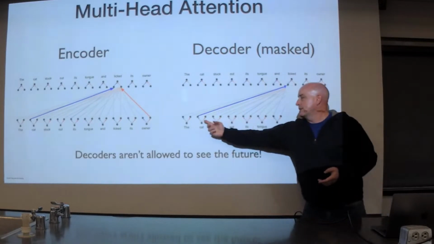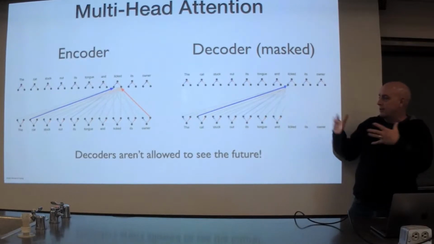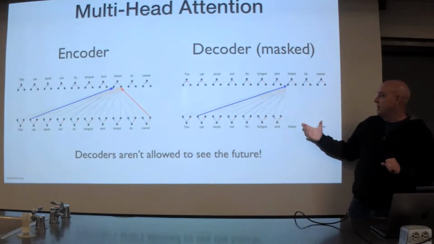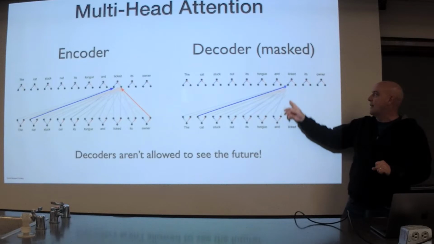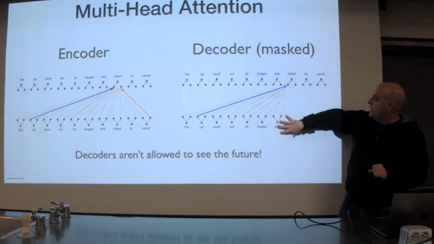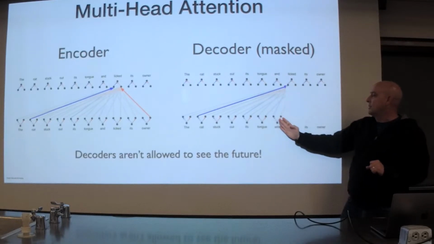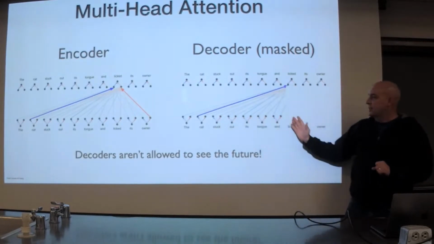Because these things are sequence to sequence, they start off without any other intervention, allowing the encoding, or in this case the decoding of a token, to depend on everything in the sequence, not just the things before it.